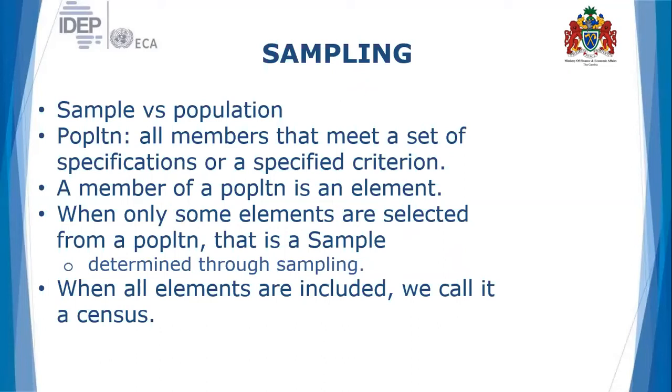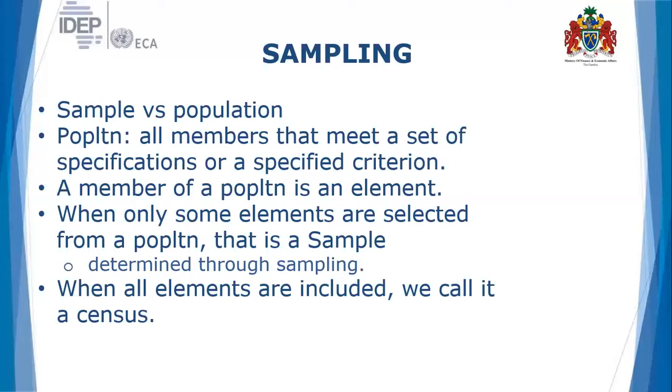Before we look at sampling, it is important for us to note the distinction between a sample and population. What is a population? Population refers to all members that meet a certain set of specifications or a specified criterion.